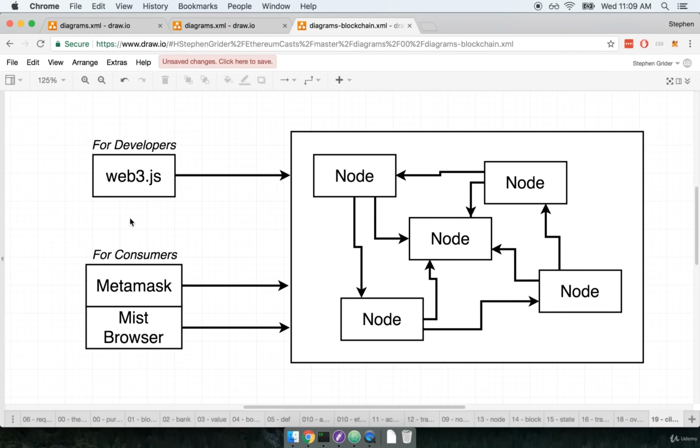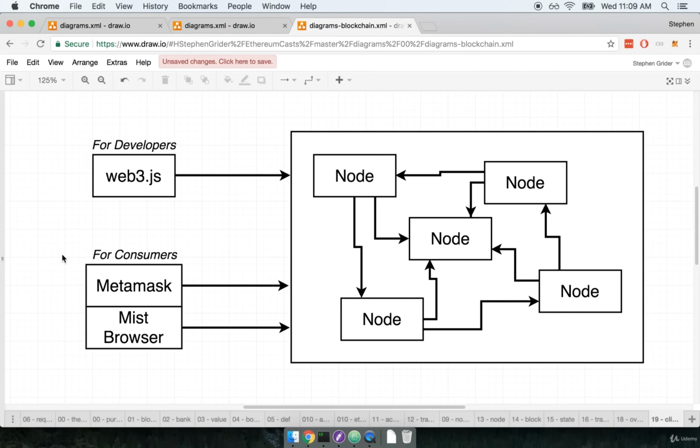Now again, this is really something that's used by developers. It's something that is used to create applications. But on the other hand, we need to be aware of people who might want to work with Ethereum who are not programmers. So people who have no programming experience and they don't even know what programming is and might not even really know what Ethereum is as well.